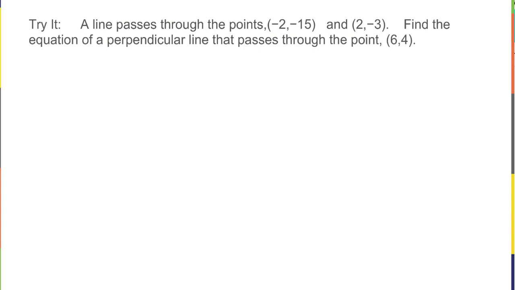Alright, so this time we're doing a perpendicular line that passes through 6, 4, but it needs to be perpendicular to the line that passes through those 2 points. So we're going to start by finding the slope of the original line.